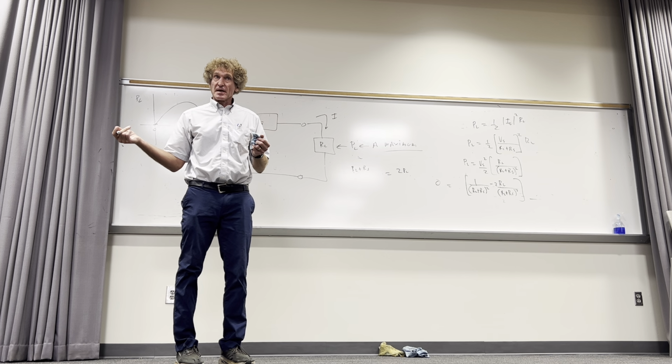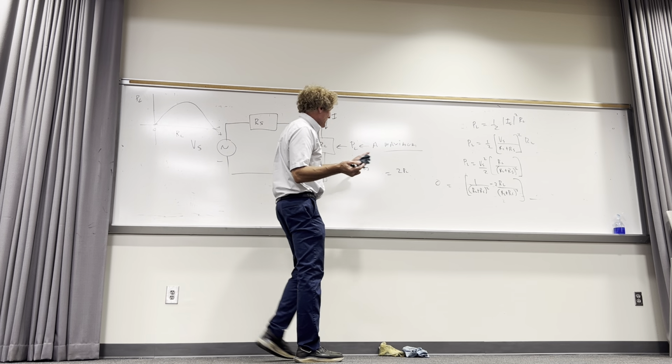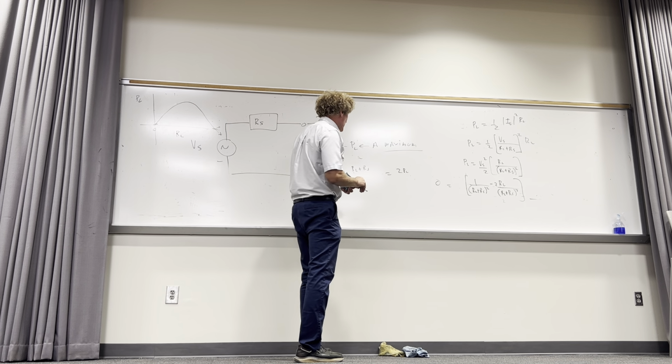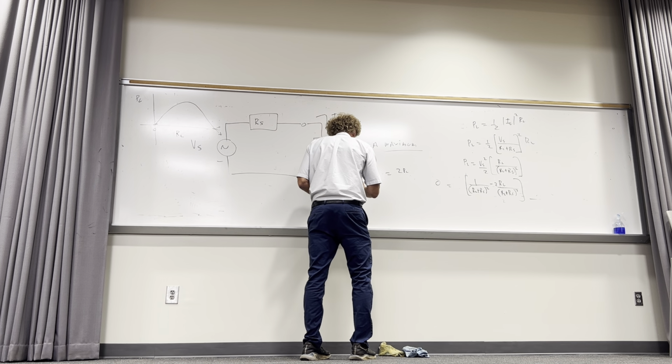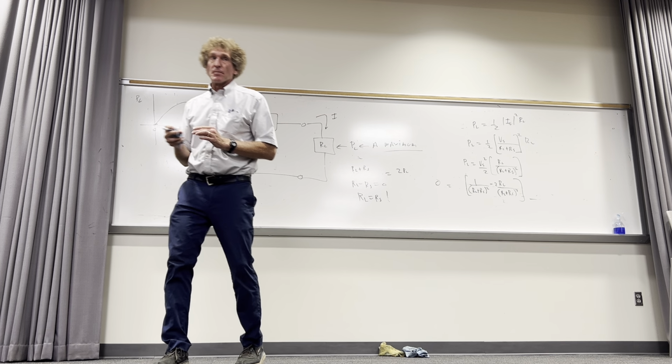It's easy to understand. Y'all with me, class? And then subtract 2RL from both sides. So I have RL minus RS equals 0. And that means RL equals RS is the value that will maximize the power couple.